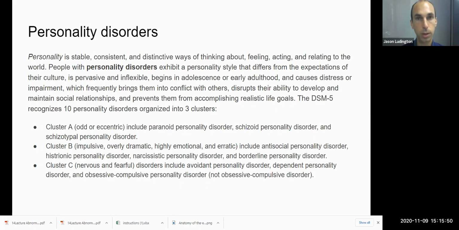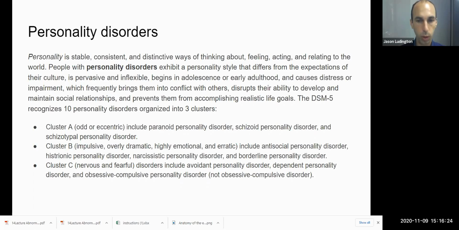Cluster C is those who have nervous and fearful personalities. These include avoidant, dependent, and obsessive compulsive personality disorders. So it's quite interesting that there's the class of obsessive compulsive disorders, and obsessive compulsive personality disorder, which is different. Each of them is different from the others.